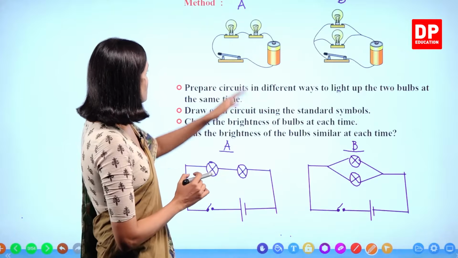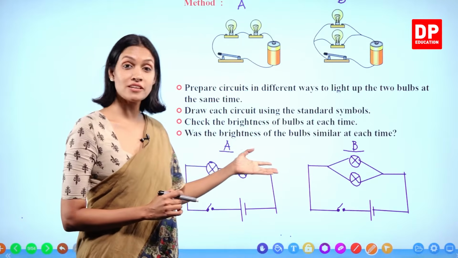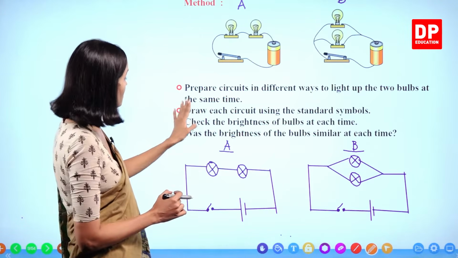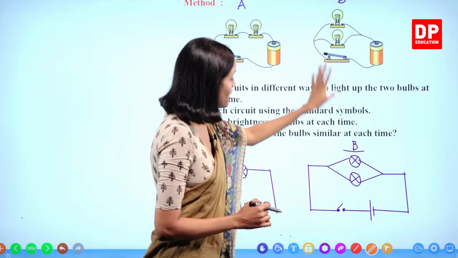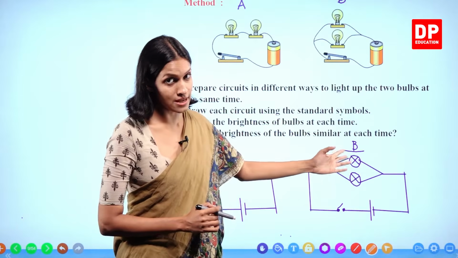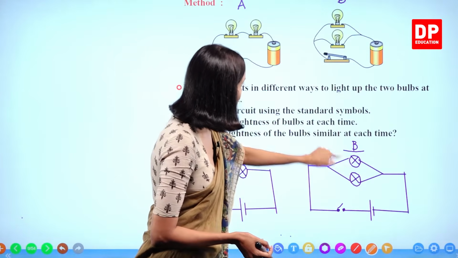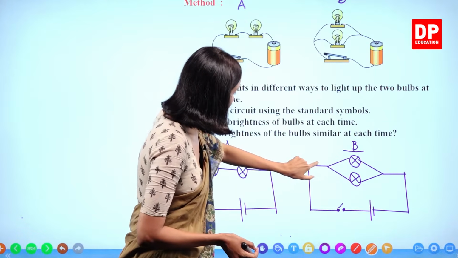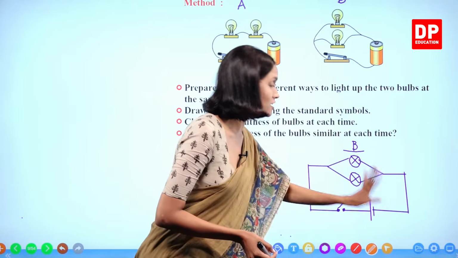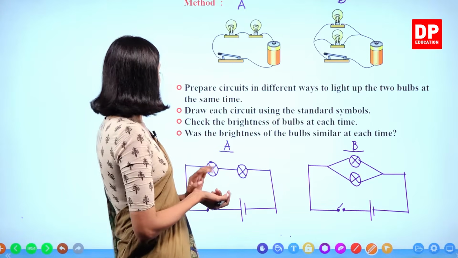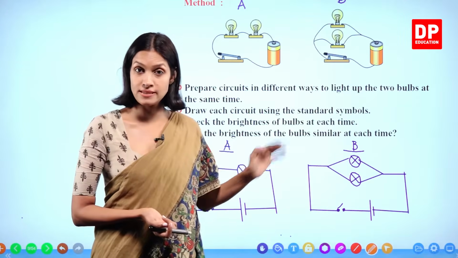Okay, children? So diagram A, two bulbs in the same line. This type of connection is known as series connection, right? One dry cell and the switch. Okay? Here, two bulbs are connected parallel to each other. This type of connection is known as the parallel connection, right? So parallel to each other, and at one point they both combine into one line and connect to this switch and the dry cell. Okay, children? So according to this one, we have to draw each circuit using the standard symbols, so circuit symbols.